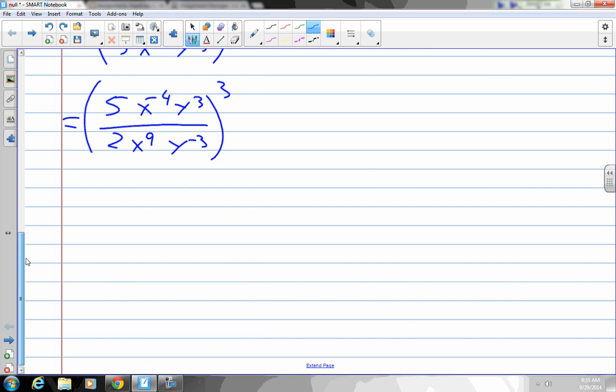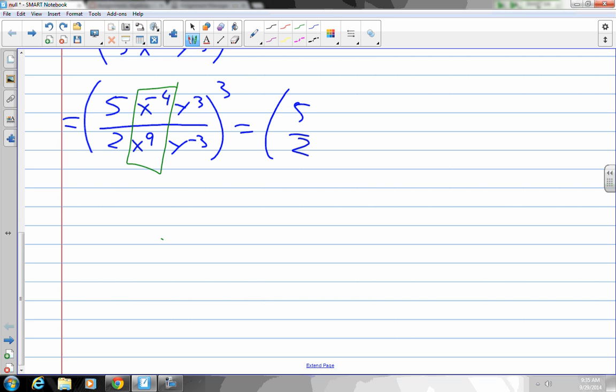Okay? Now I can start dealing with this, because look what I can do. So 5 halves is 5 halves. Who cares? I'm not going to mess with 5 halves yet. So now I'm looking at the x's, right? So I have x to the negative 4th power over x to the 9th power, right?